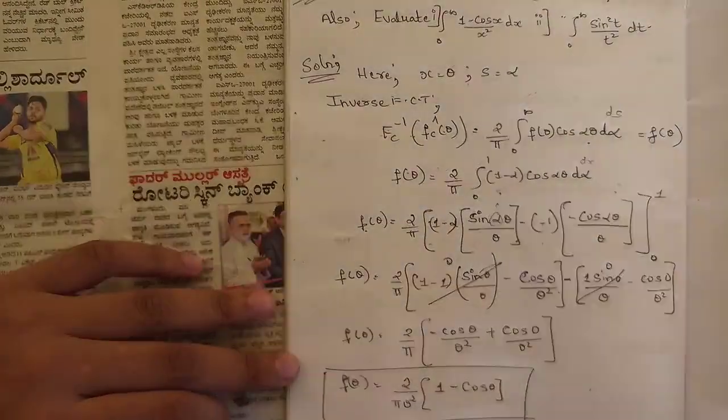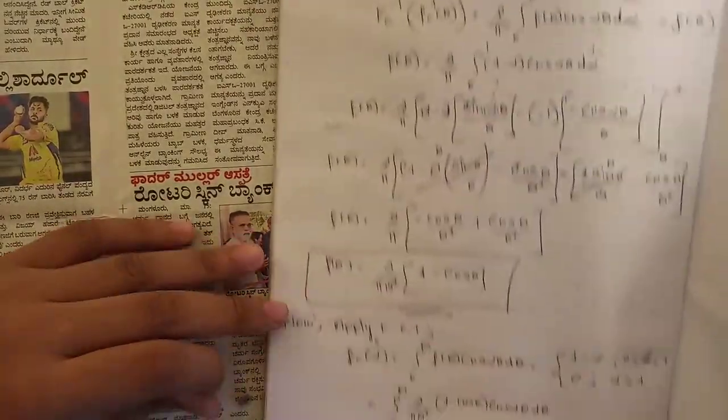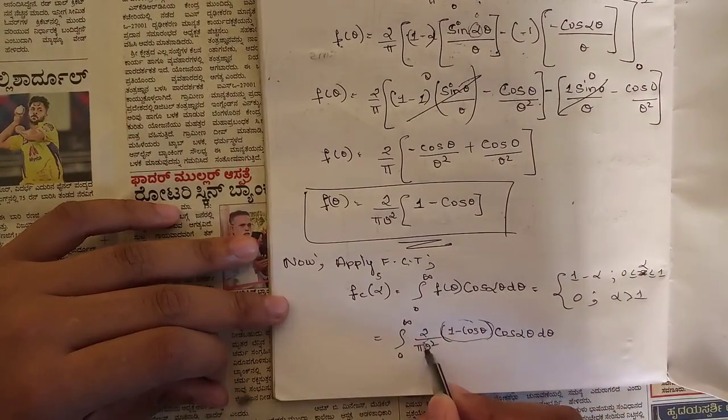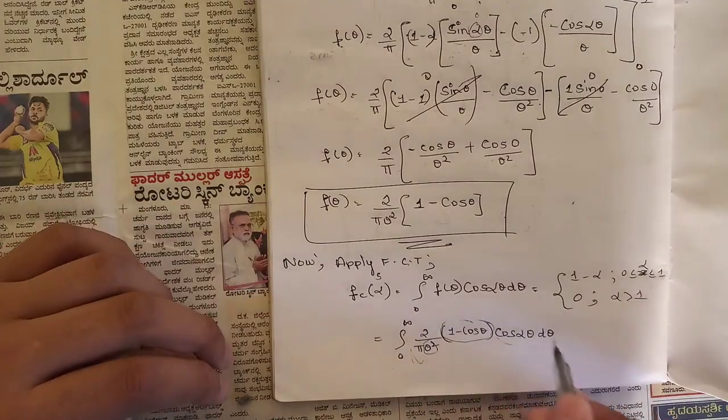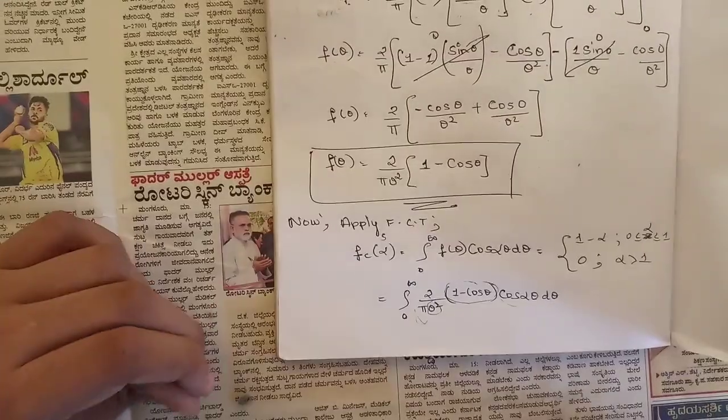So the first evaluation case is 1 minus cos x by x square. Here we have 1 minus cos theta and here we have theta square. The rest of the terms, that is 2 by pi and cos alpha theta, we need to separate them.